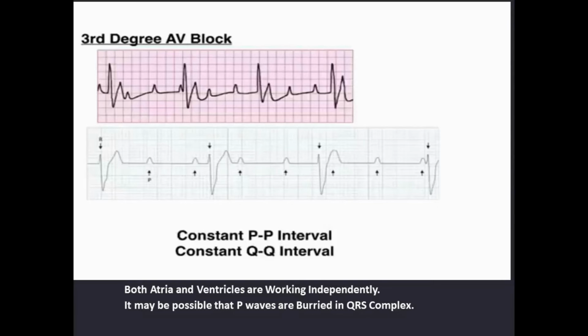Another thing that is characteristic is that although the atria and ventricle contract independently, it's possible that the P wave is buried under the QRS complex. Like in the first strip, you see the second QRS complex. In that second QRS complex, the P wave is buried under the QRS complex.